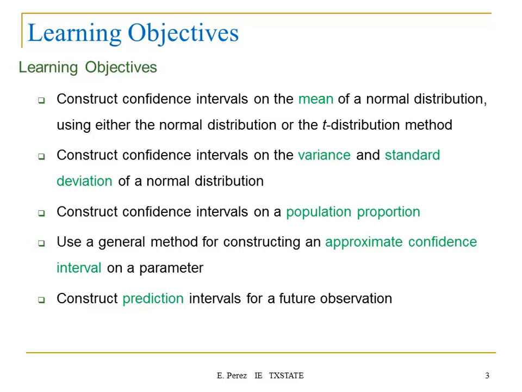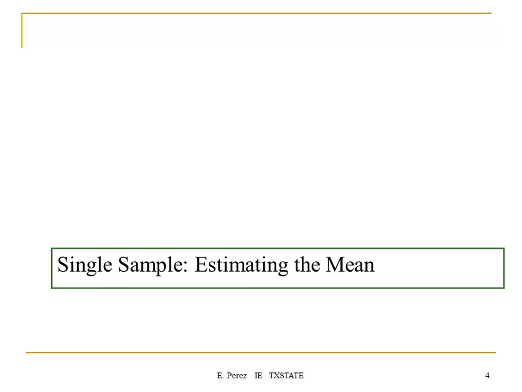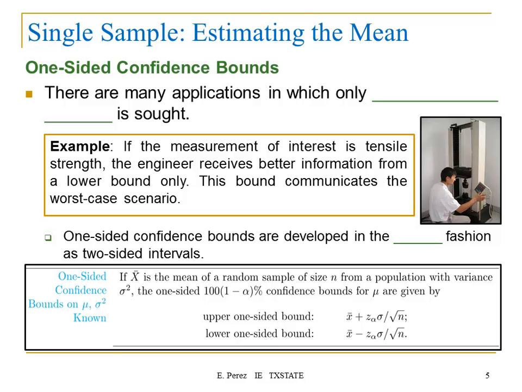The objectives for the lecture are still the same, but here's something new. There are many applications in which only one confidence bound is sought. For example, if the measurement of interest is tensile strength, the engineer receives better information from a lower bound only.